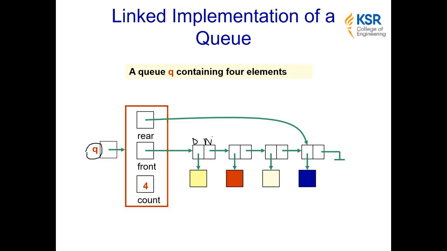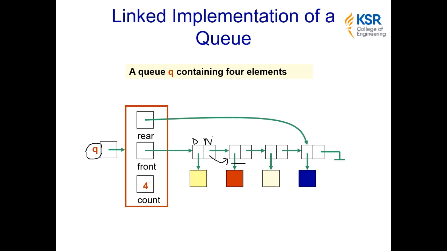In the next field there will be the address of the next node. So there are four nodes in the queue. The front is pointing to the first, and this one is pointing to the last, that is the rear end.